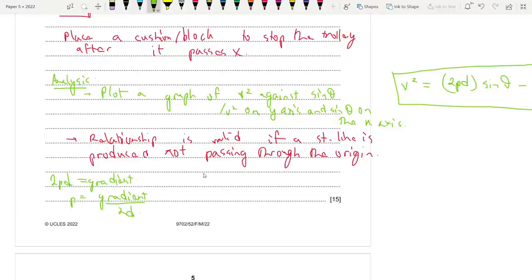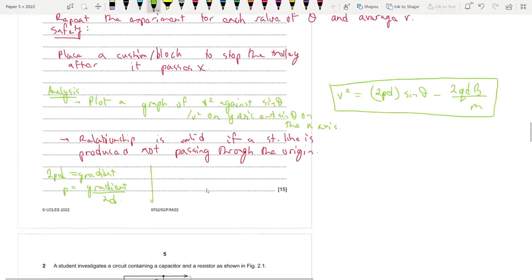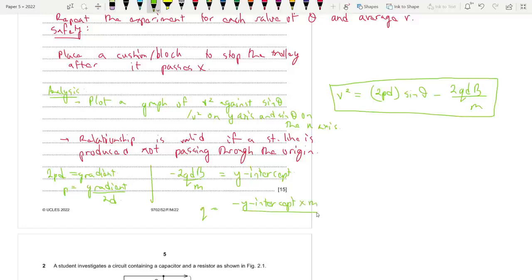Okay, what about the other one? We know that minus 2qdb by m is equal to y-intercept. So what about q? Q is actually equal to minus y-intercept into m divided by twice db.